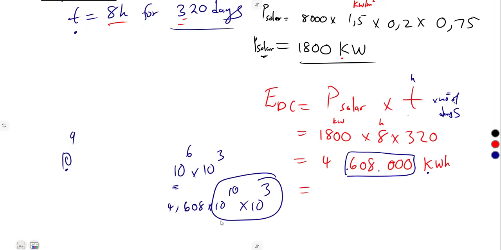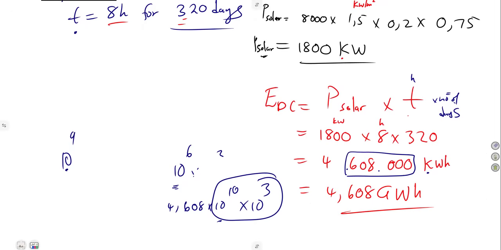So this will give us a giga, 4,608 gigawatt hours. So that's the DC.